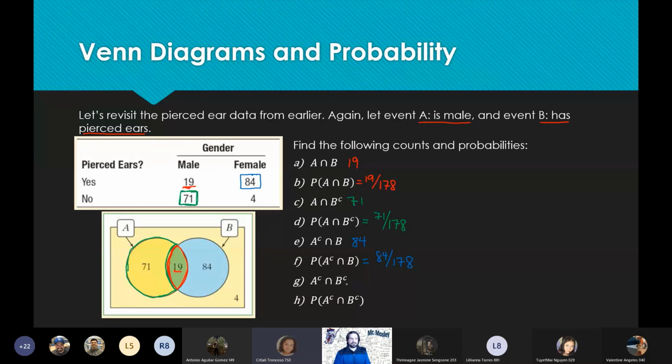Females whose ears aren't pierced? Yeah, so that's what G is asking. It says, how many females do not have pierced ears? A complement and B complement.